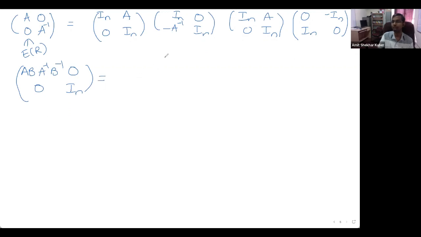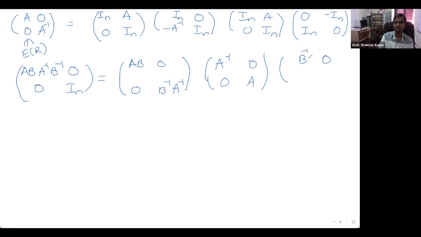So this particular matrix now we can write as, very simply observe what we are doing. It looks like cheating, but this is a beautiful trick. A inverse 0 0 A, and similarly B inverse 0 0 B. Now these two matrices we have just shown they are in ER, and this one is also in ER because of the same reason.